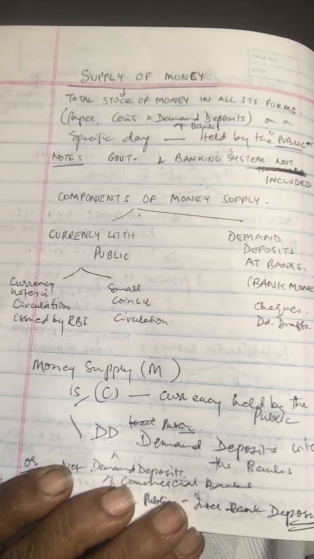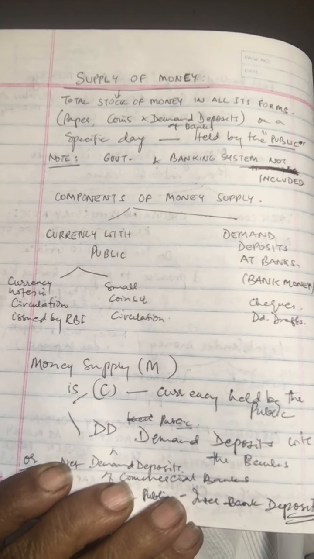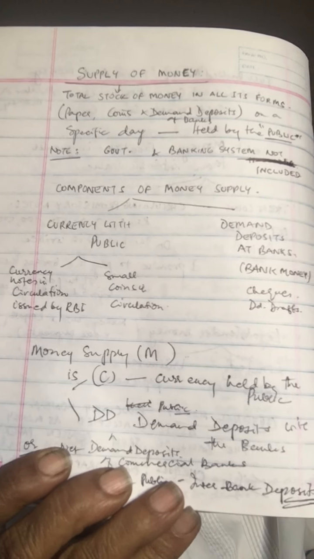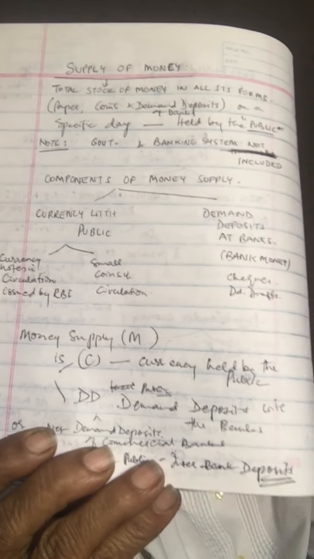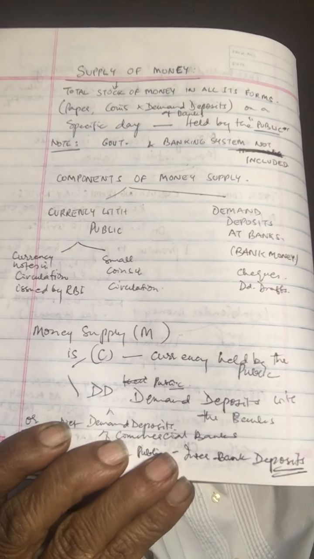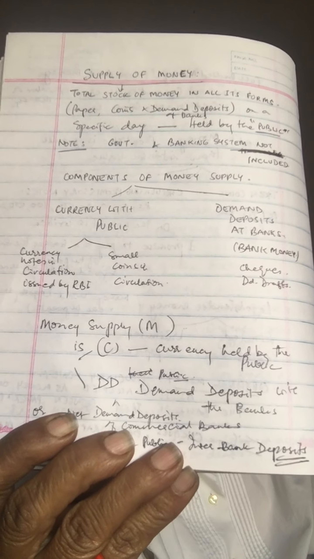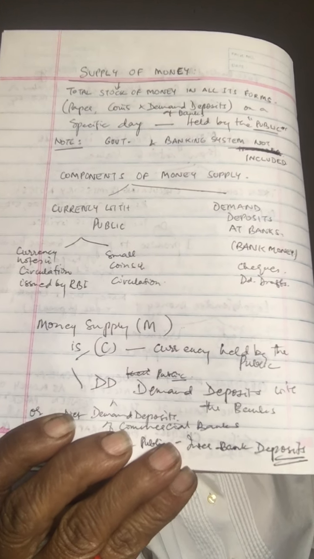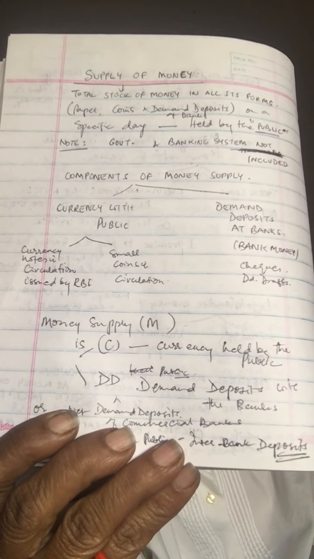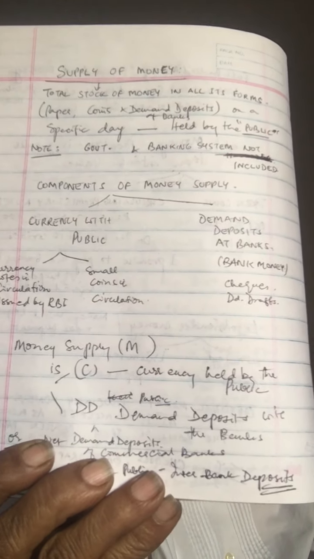Broad money is M3 and M4. M3 is a measure of money supply that is known as the aggregate monetary resources of the country.